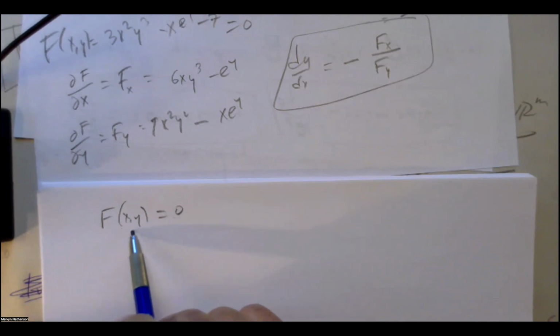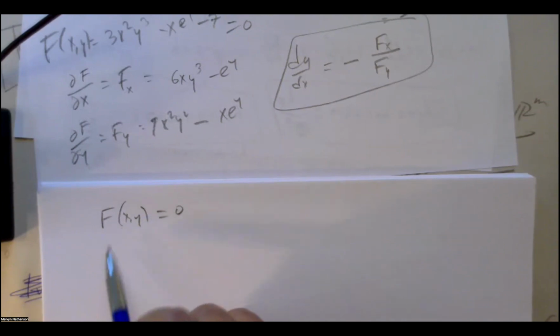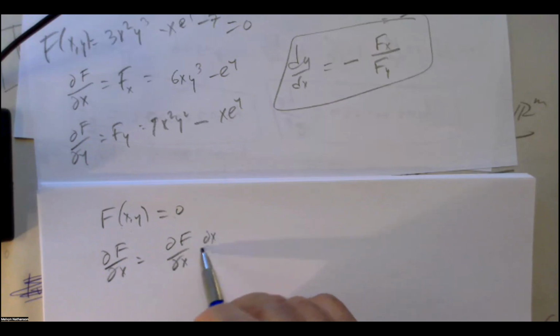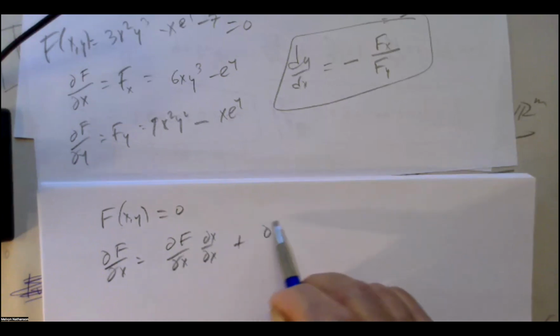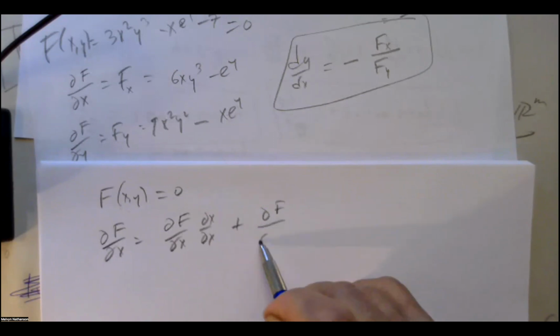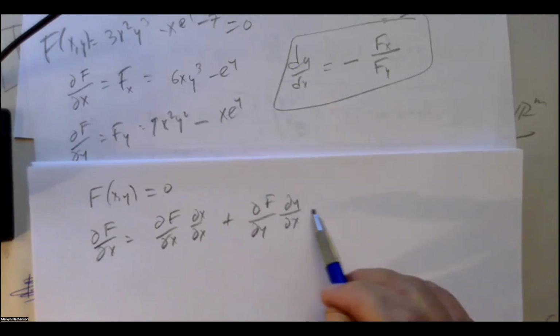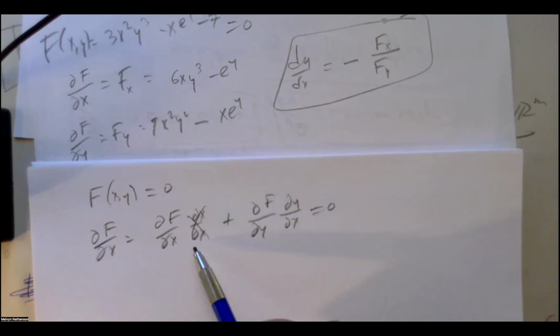Let's use the chain rule to differentiate this with respect to x. So I could say the partial of f with respect to x is the partial of f with respect to x times the partial of x with respect to x, plus the partial of f with respect to y, partial of y with respect to x. And that's 0. And this is 1.